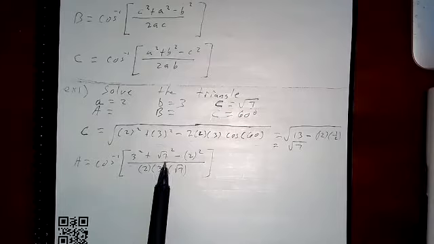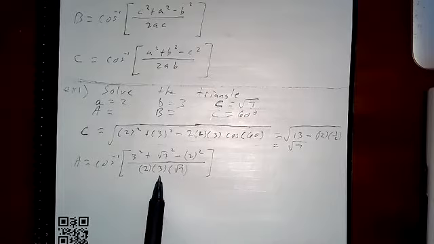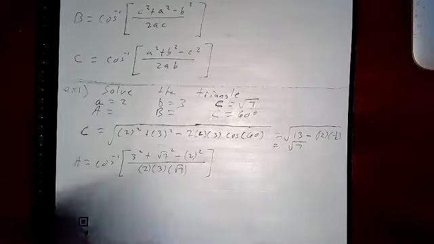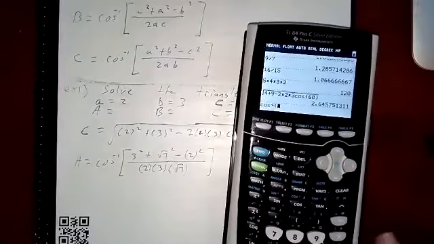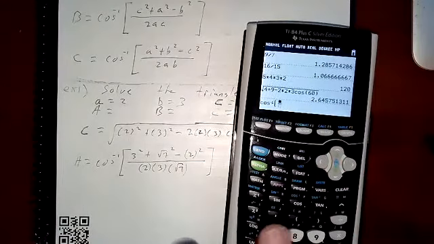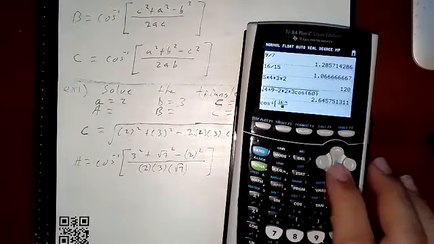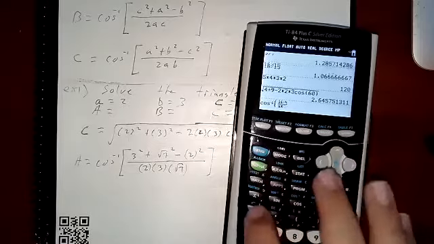B squared plus C squared minus A squared over 2BC. Yeah. All right. So that's all going to be inside the cosine inverse. So that's going to be a fraction in there of 9 plus 7 is what, 16, right? Minus 4 over 6 times square root 7.